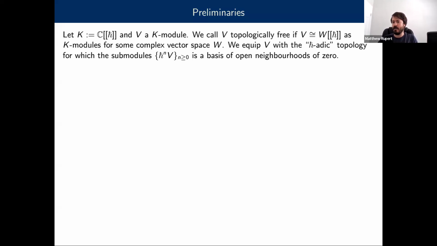For our purposes, all you really need to know is that the family of submodules h bar to the n times V, for n greater than or equal to 0, form a basis of open neighborhoods of 0. When you're talking about vertex algebras, things like the truncation axiom, you want to know when things go to 0. For quantum vertex algebras, things go to 0 in the h-adic topology. That's really all we need to know from this.